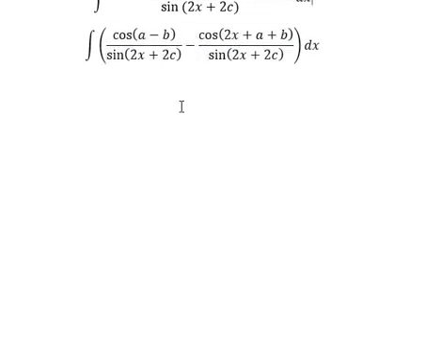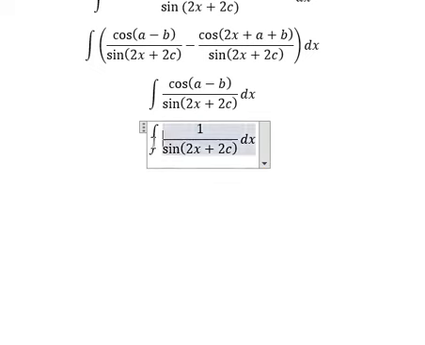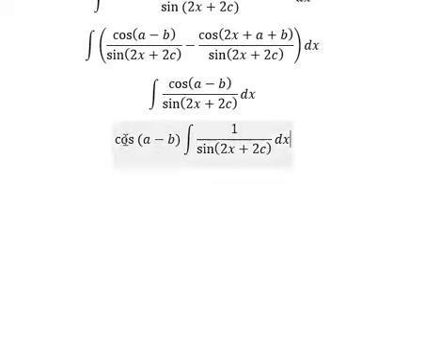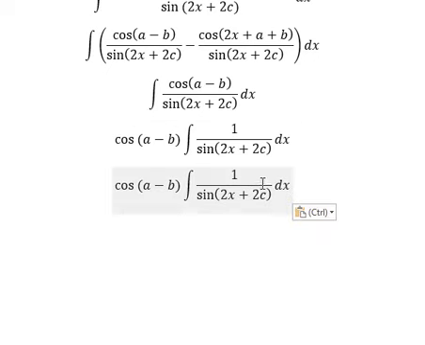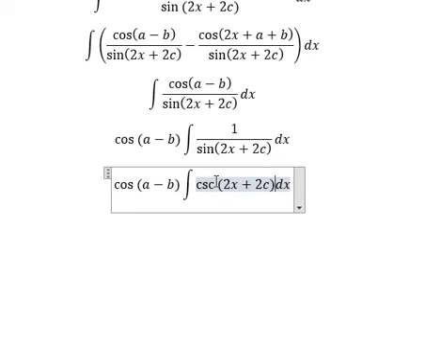So we need to focus on this one. So I will put cosine of a minus b go outside because this is about the numbers. So this one that is about cosecant of 2s plus 2c.